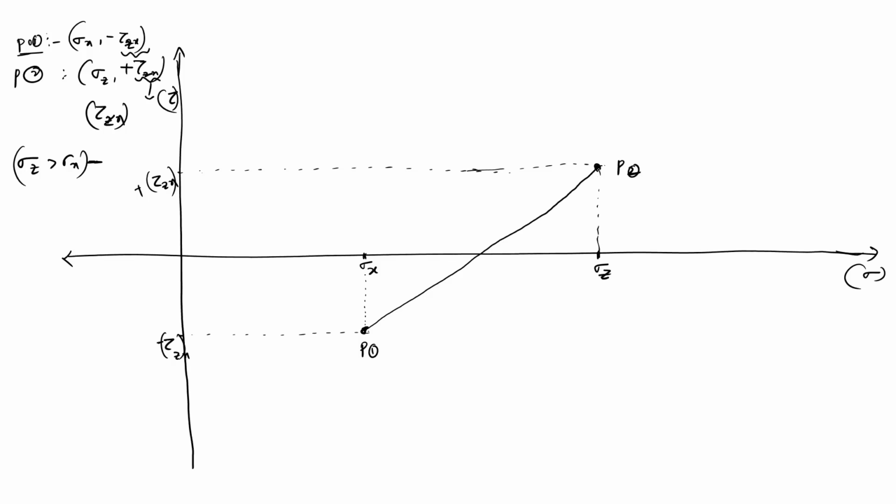These two are the points on perpendicular planes. That is the reason why point 1 and point 2 become the ends of the diameter. Now we came to know that. Next, wherever the line cuts the sigma axis, as this height is the same, this is tau zx and this is also tau zx.